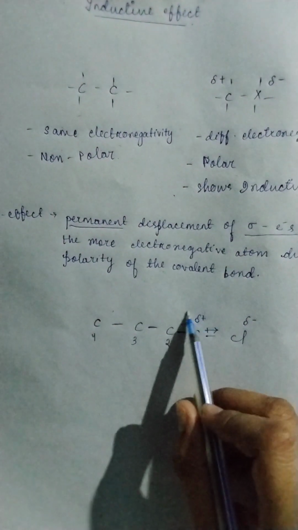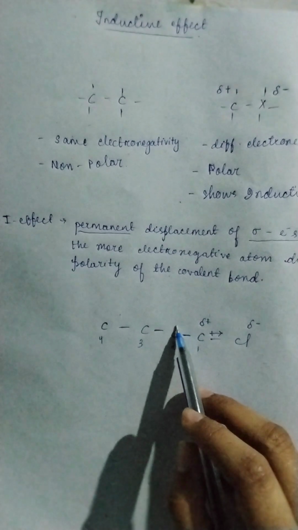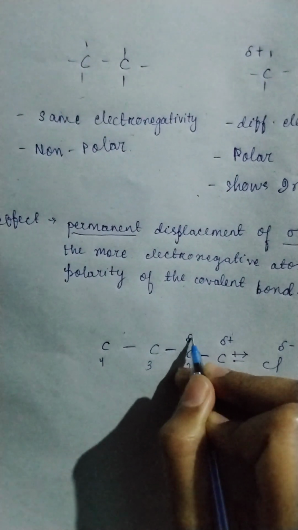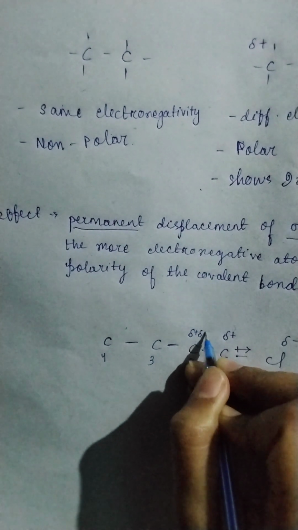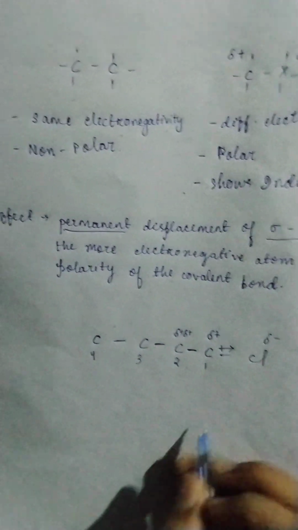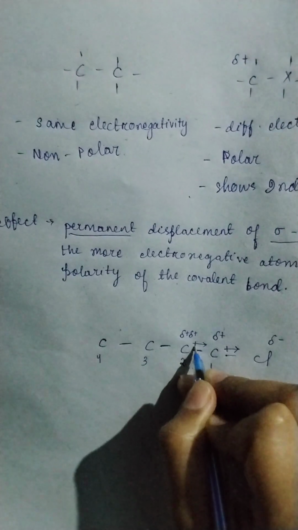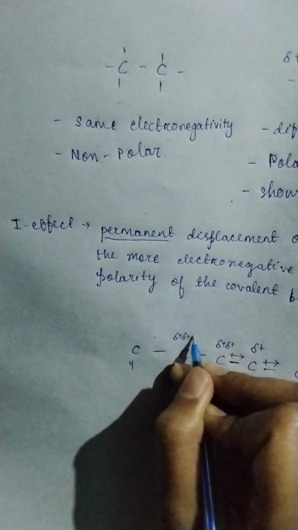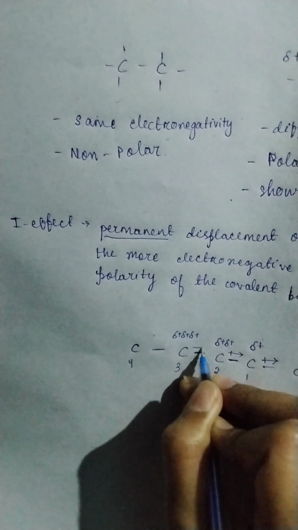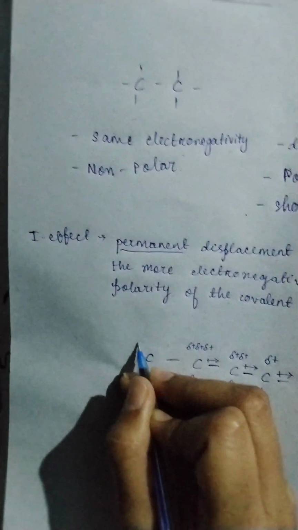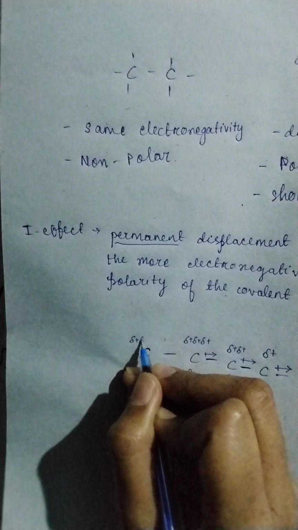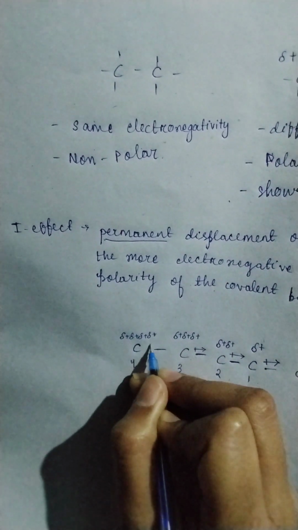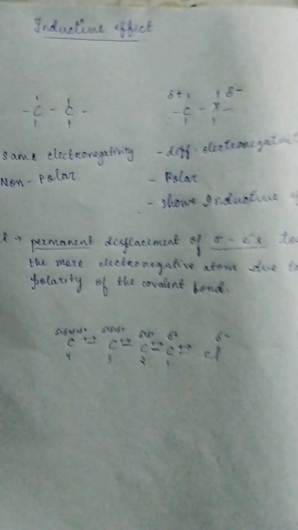So this is partial positive, so it takes electrons from the second carbon atom, and so over here two partial positive charges get formed, okay? Similarly, three partial positive charges get formed in case of the third carbon, and in case of the fourth carbon four partial positive charges get formed, all right?